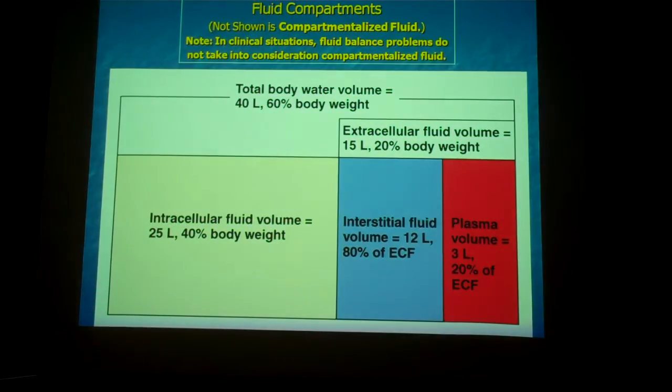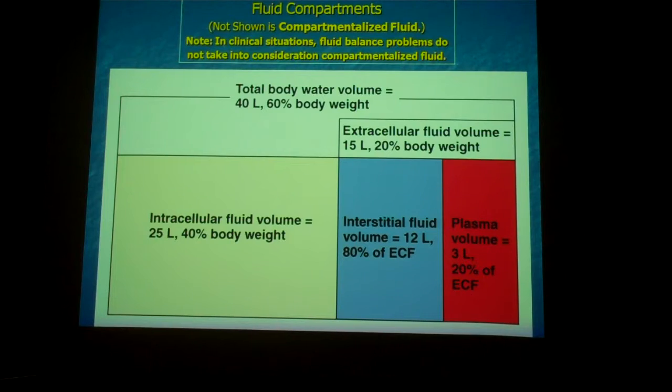So if we looked at a diagram of that, this is what we would have. Intracellular fluid here, extracellular fluid over here. So extracellular fluid is going to be composed of interstitial fluid and intravascular fluid, or the plasma.